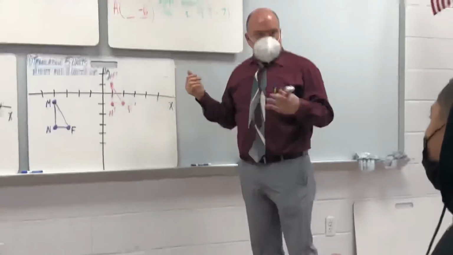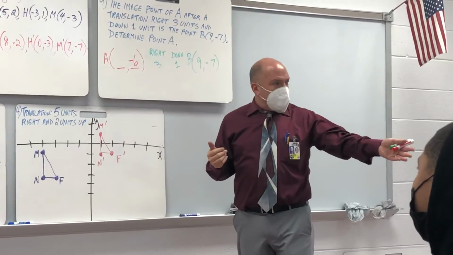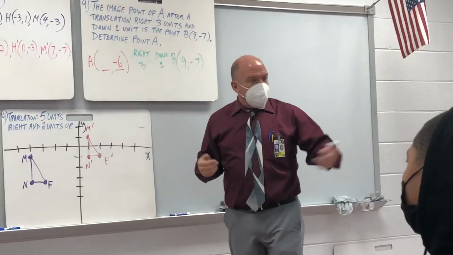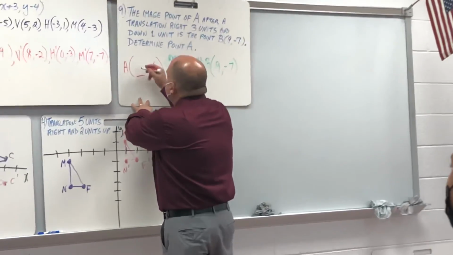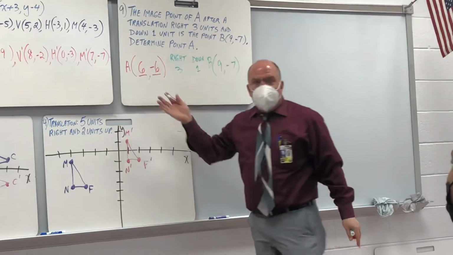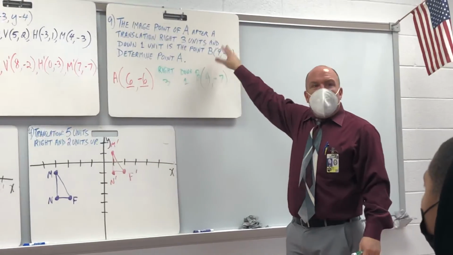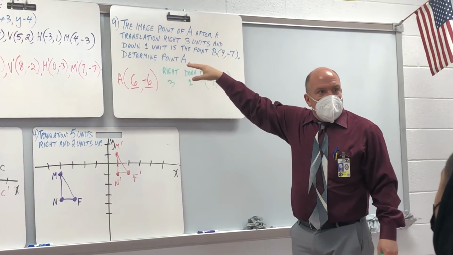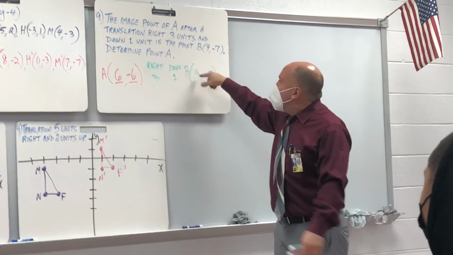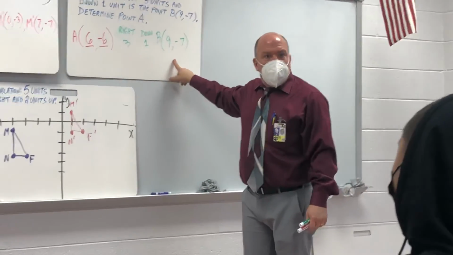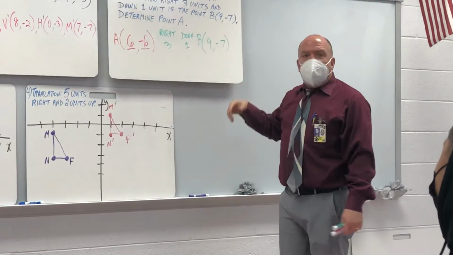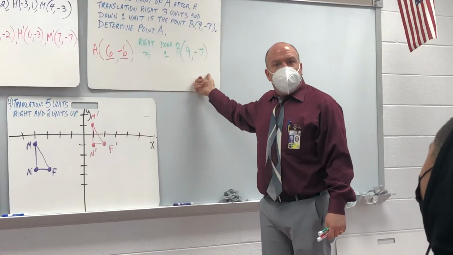Before going to the right 3, I was at 6, right? That's it, okay? So all of this blah, blah, blah just means where was I before I got here? Why can't they just say that? Where was I before I got here?